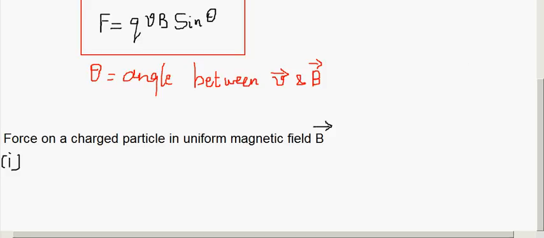Therefore force on a charged particle in uniform magnetic field B is 0 if it is at rest, that is, F is equal to 0 when v equal to 0.